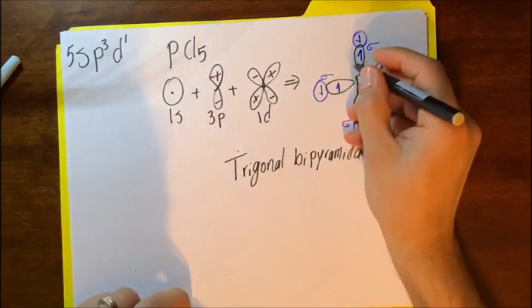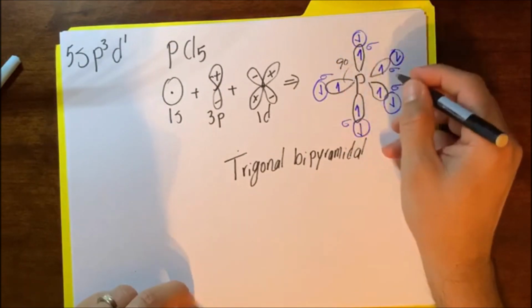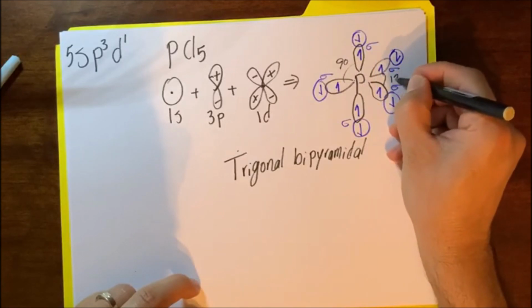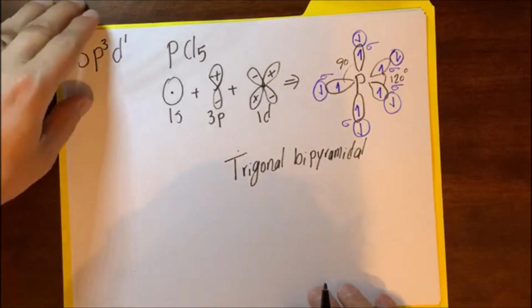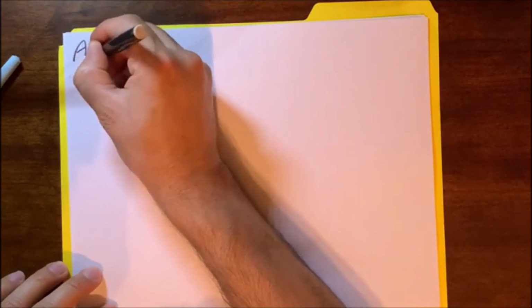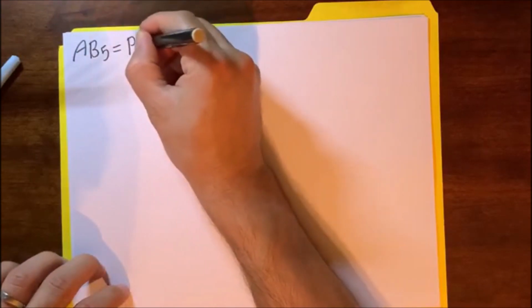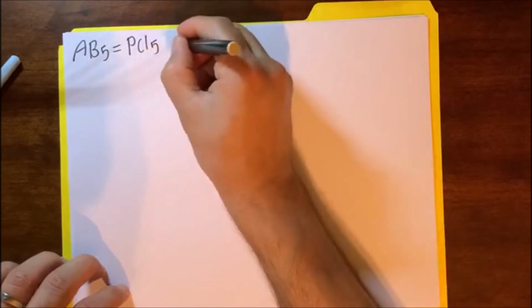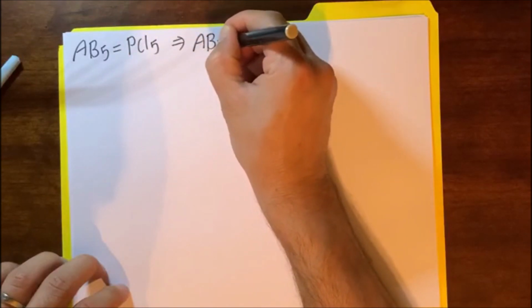The bond angle between axial and equatorial is 90, and between the equatorial ones it will be 120 degrees. So I practiced AB5. An example was PCl5.